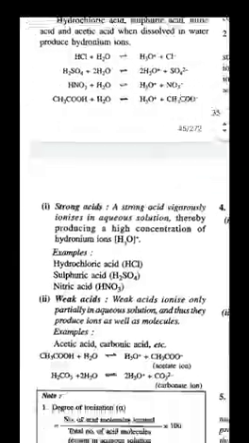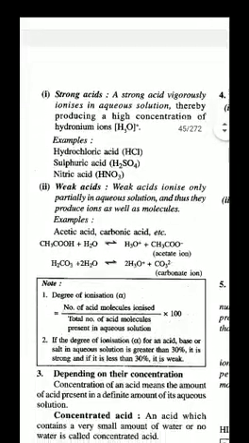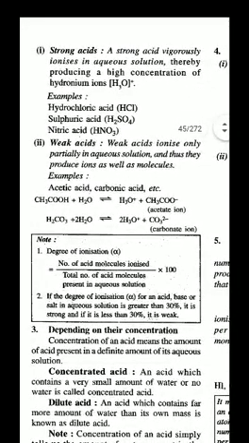Now children, we have two types of acid, strong acid and weak acid. Strong acids vigorously ionize in aqueous solution, producing a high concentration of hydronium ion. So we can say that strong acids are those acids which are completely ionized and donate their H+ ion. Hydrochloric acid donates 1 H+.